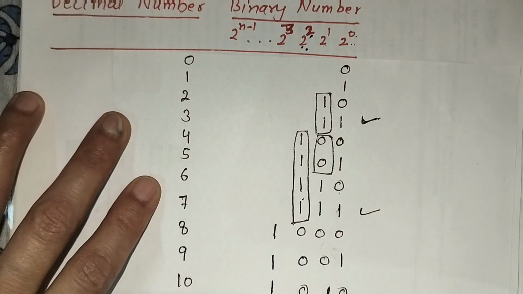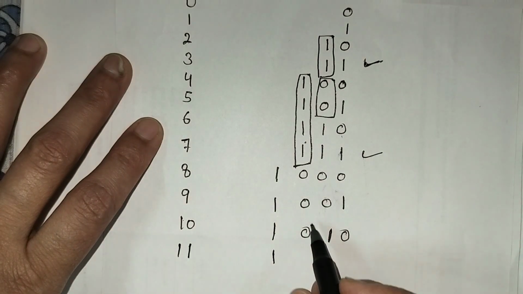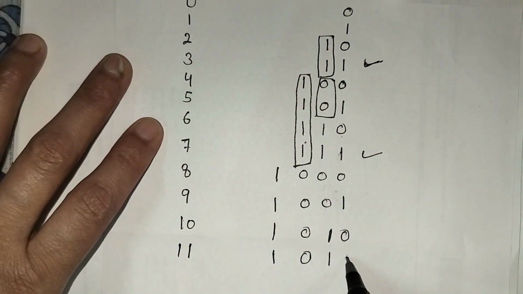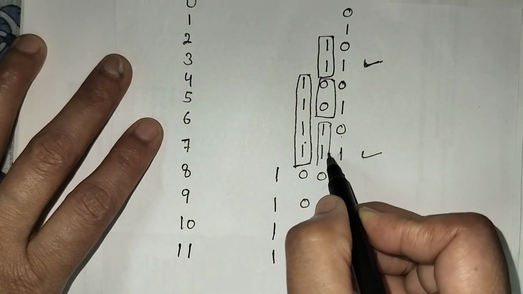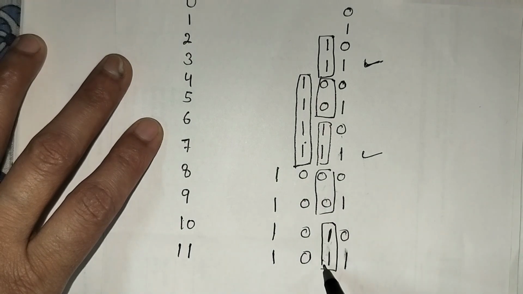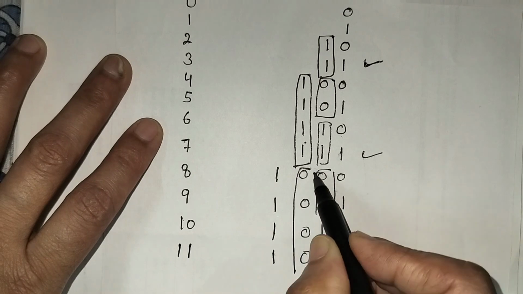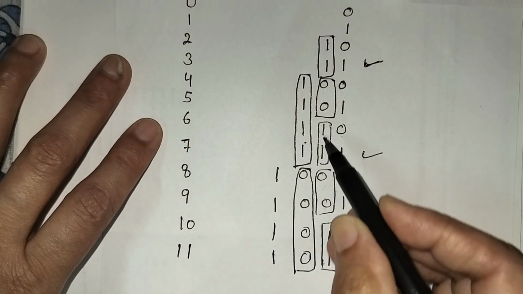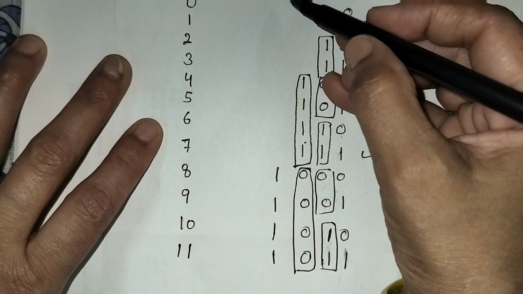When we write 11, we can see here it will be 1, here it will be 0, this will be 1 and this will be 1. So we can see there is a group of 2 ones and 2 zeros alternating, and here is an alternation between a group of 4 ones and 4 zeros, and this will keep on continuing.